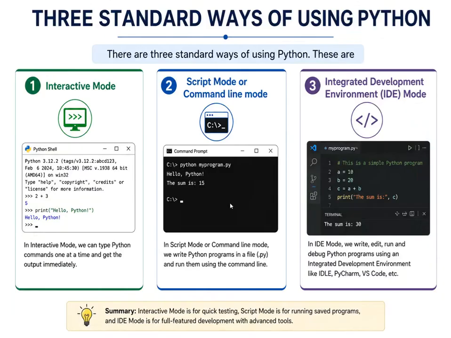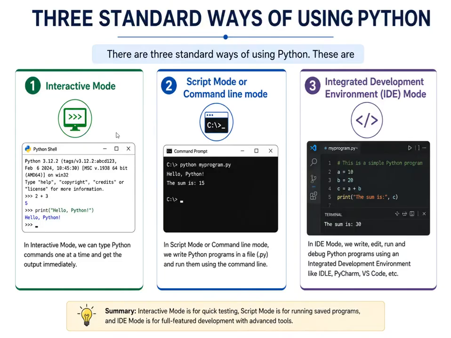So there are three ways that we can use Python. First is interactive mode. Second is script mode or command line mode. Third, and most popular, is the integrated development environment, IDE.